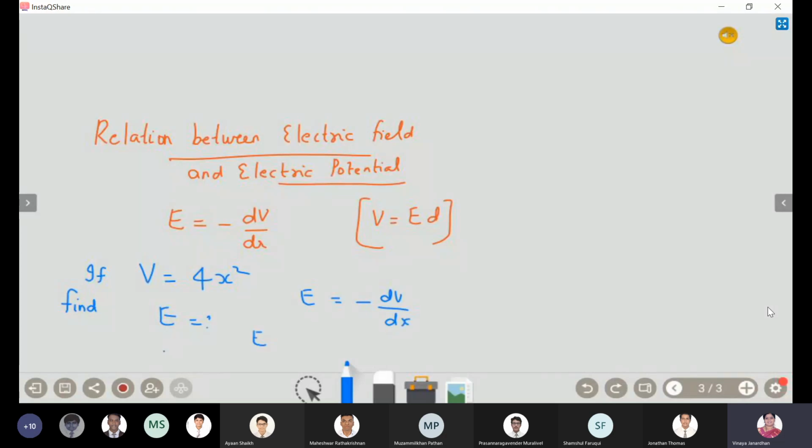So E becomes equal to minus 8x newtons per coulomb.